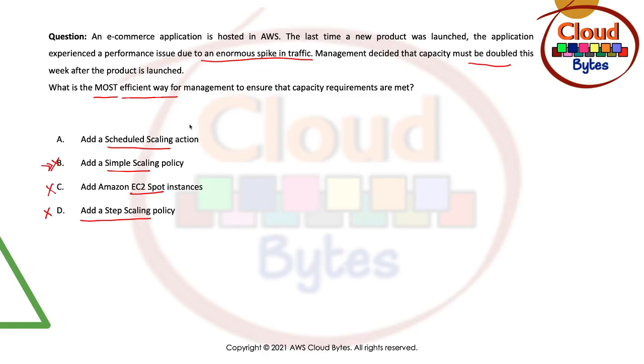And we know when we are going to launch the product. So it's basically scheduling that scale, and based on that schedule, you'll have a higher scale, and then you can go back to your normal production scale, just adding additional capacity to handle that load. So this is the most ideal option in this particular scenario.